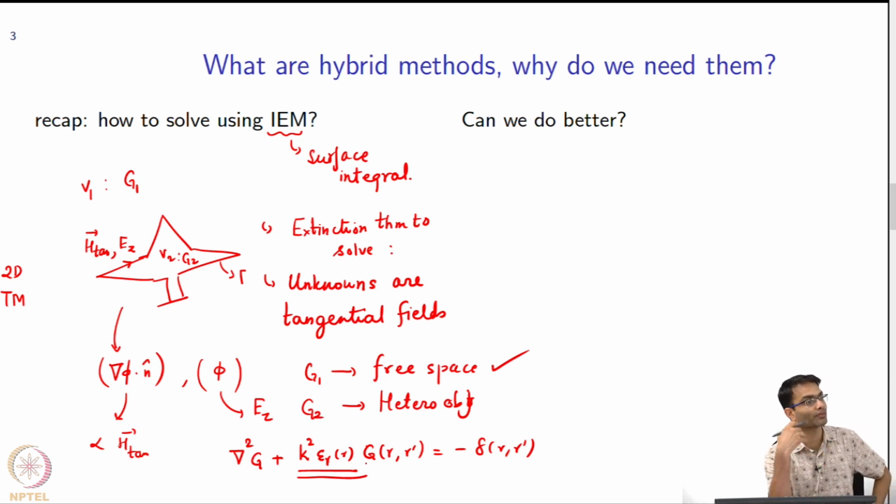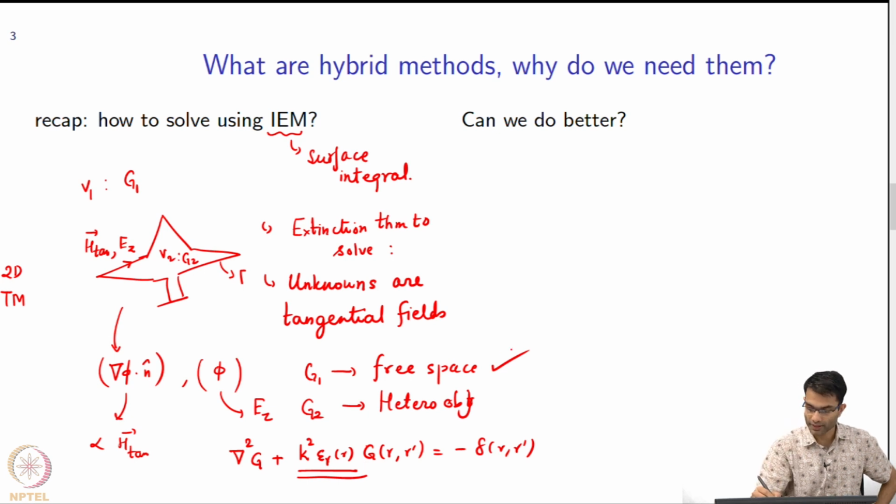So in order to solve your problem, at every point you have to go and discretize your epsilon r. Discretizing the boundary, correct? And then using G1 itself. No, G1 and G2. G2 means you change the K to whichever the value is. Right, okay, so I should clarify this. In the surface integral formulation which we have studied in the previous modules, the second object, volume 2, was a homogeneous object.